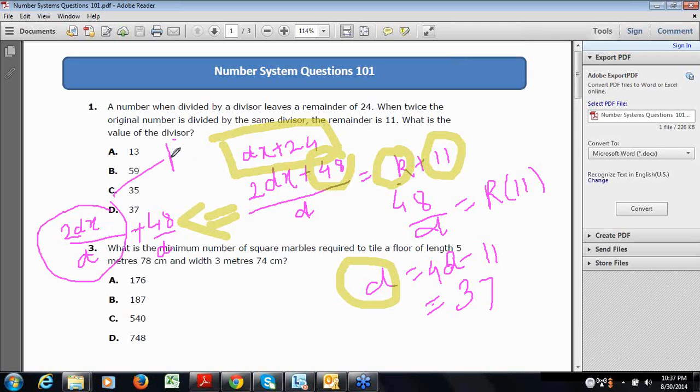So the remainder is 0. Now whatever remainder comes, it has to come from the number 48. So 48 by D leaves a remainder of 11. When can that be possible? It can be possible only when D is 37. Got it? Loud and clear?